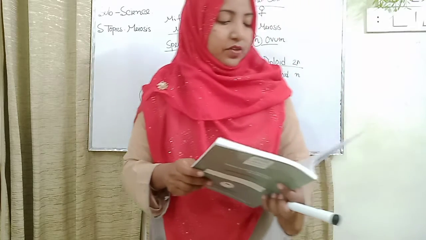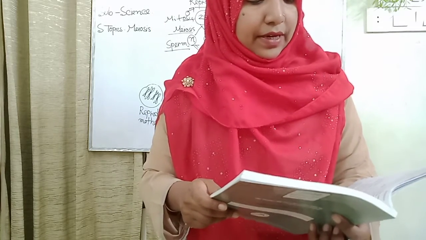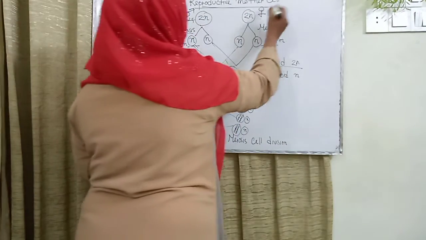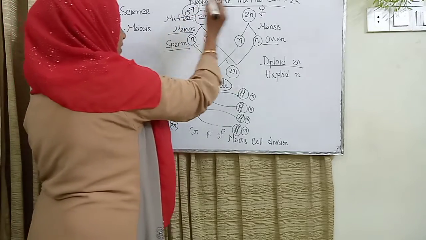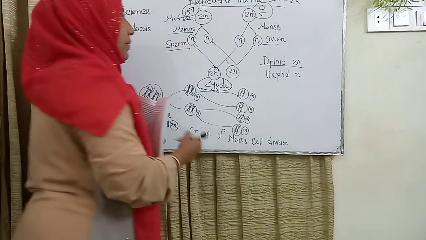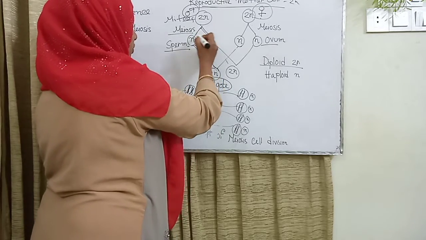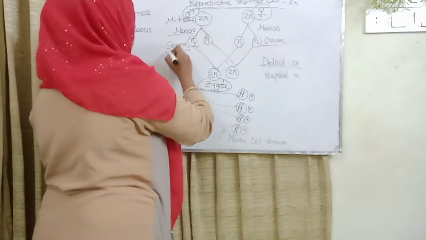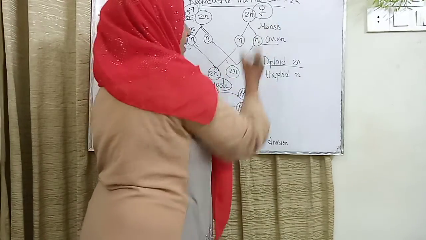In case of meiosis, the mother cell divides and produces daughter cells bearing half the number of chromosomes of the mother cell. I just explained the reproductive mother cell, they are also 2N. Here this structure is the male gamete and this structure is the female gamete. The male divides into N chromosomes and N chromosomes. Another name for it is sperm. And another topic is meiosis in the female gametes.